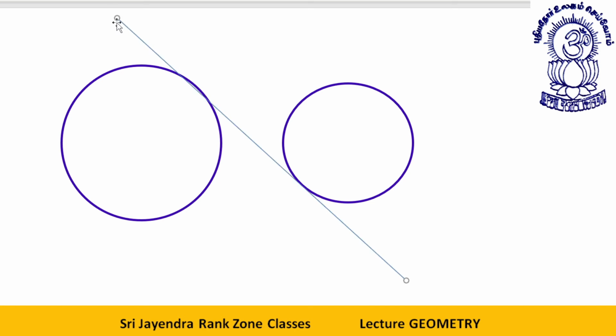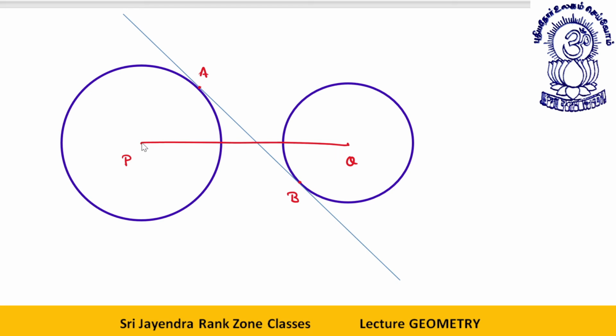Now somewhat it appears as a tangent to both. Okay, dear. So now this is a tangent to both the circles. Let's say the centers are again P and Q. These points are A and B. You have to determine the length of this.